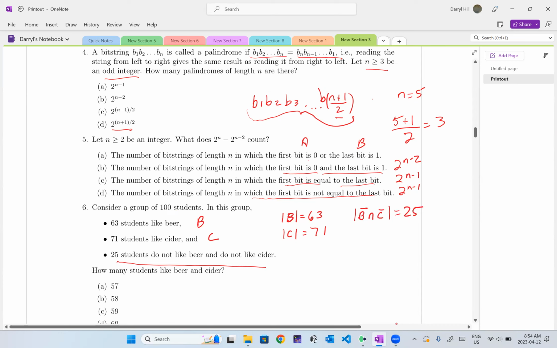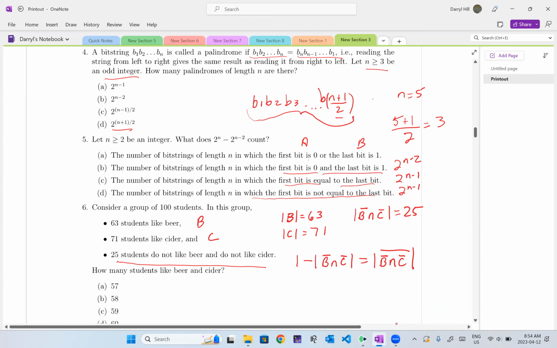If we use the complement rule on not B and not C, the complement of that is 1 minus this set. But the complement can also be written as (B and C) complement. So these are equal.